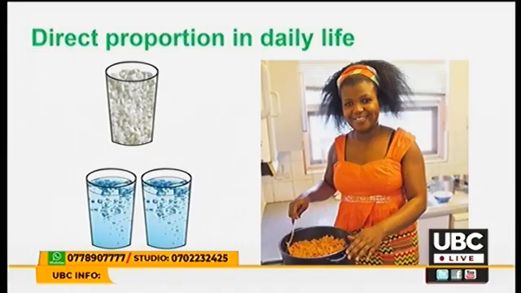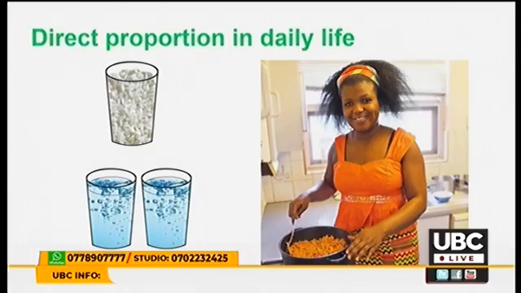And then we have 2 glassfuls of water, which is to say this lady is going to use 2 glasses of water for 1 glass of rice. So when she's preparing, those are the proportions she's going to use to prepare her rice meal.